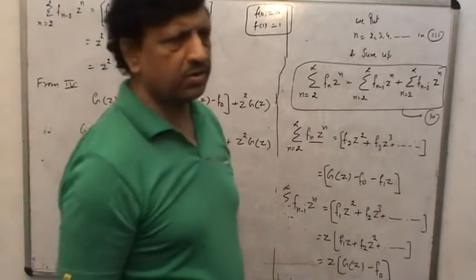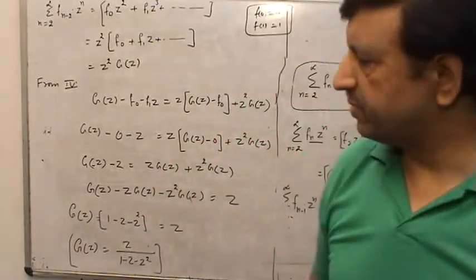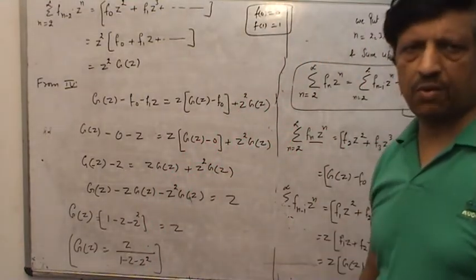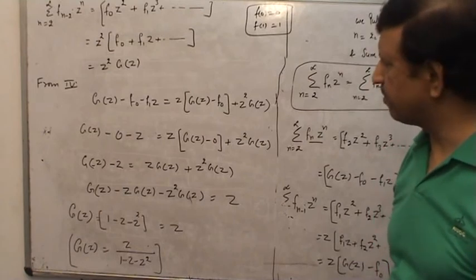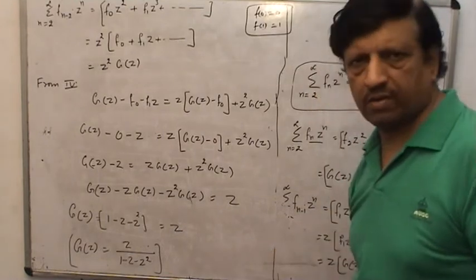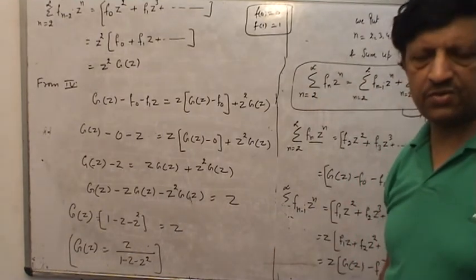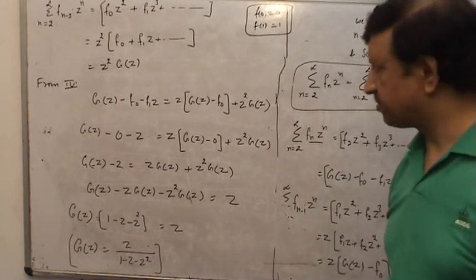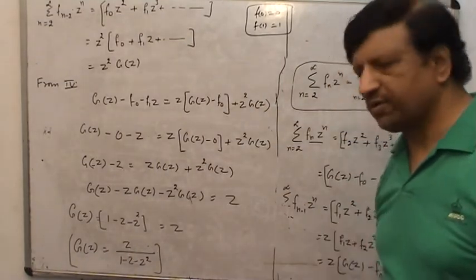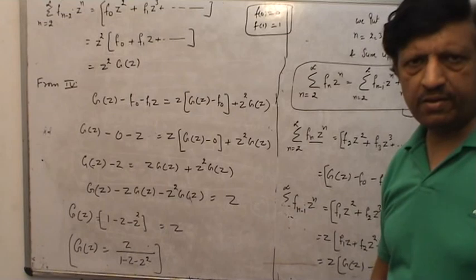It's a very important example as concerned with generating functions. Previous to this, we discussed only a general example in our daily life. It is the generating function for the Fibonacci sequence or the Fibonacci numbers. In this way, we can find the generating function for any given relation.